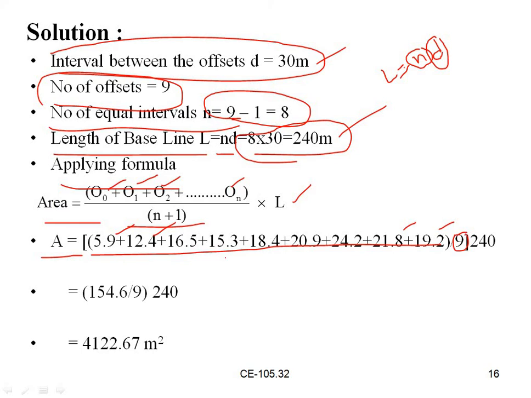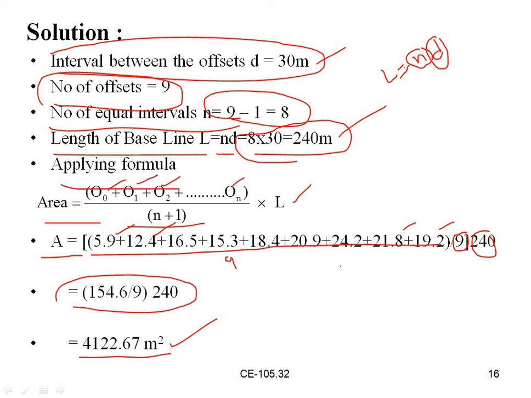So we have to divide by 9 into 240. So what is this 240? This is the length of the baseline. If we substitute this, we will get the answer as 4122.67 meters square. So this is the process used in the average ordinate method to calculate the area.